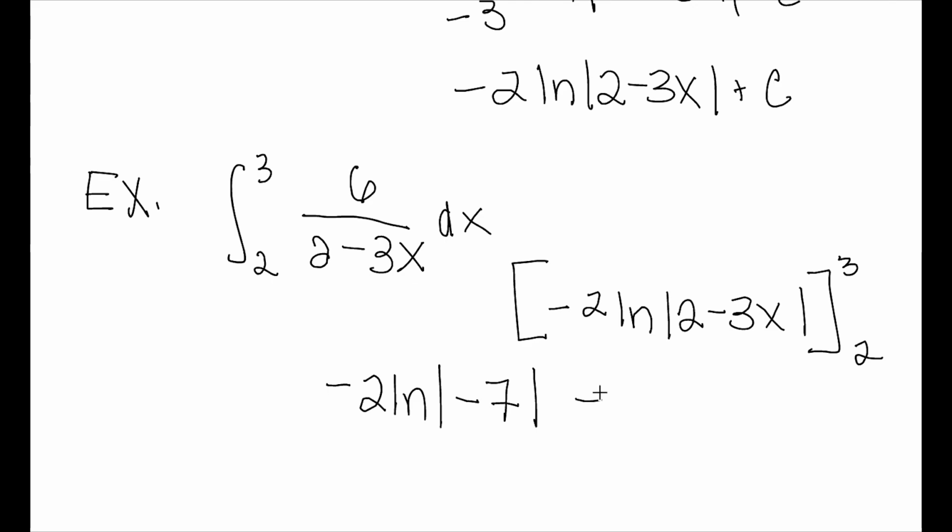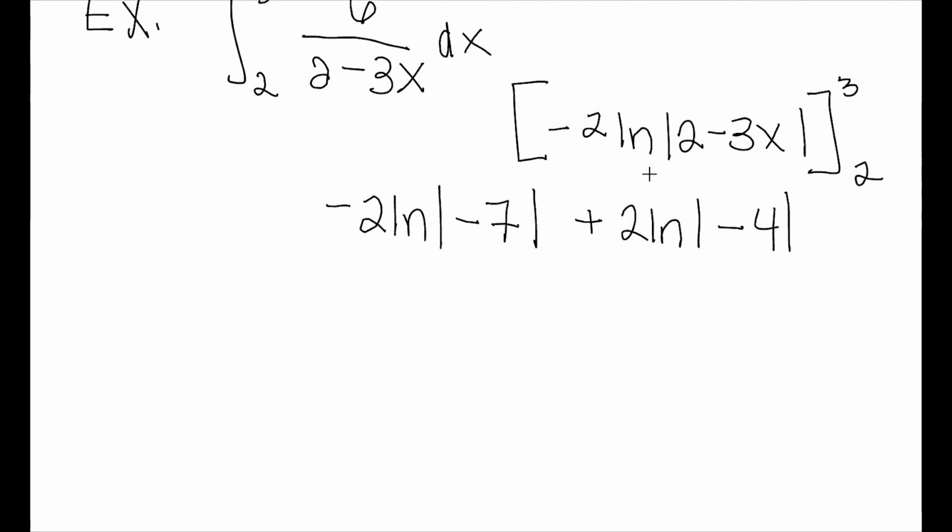Then I subtract -2, so plus 2 ln of the absolute value of 2 minus 6, or -4. So I'm going to switch the order now because it's actually subtraction, not addition, and that will affect how we use our logarithm rules.